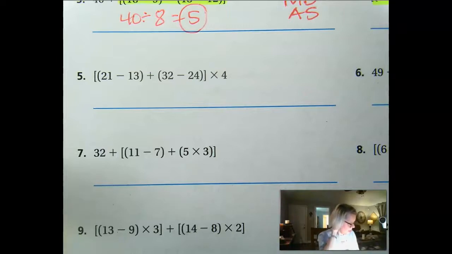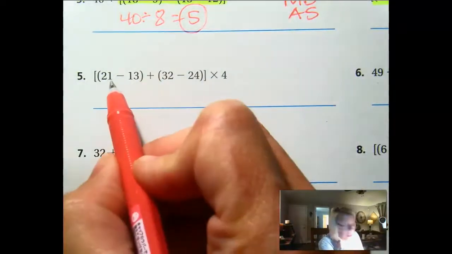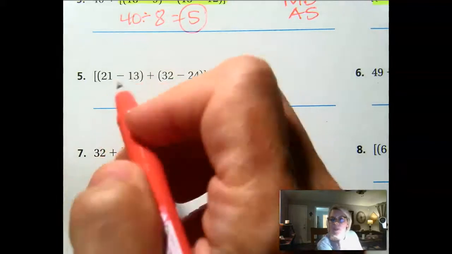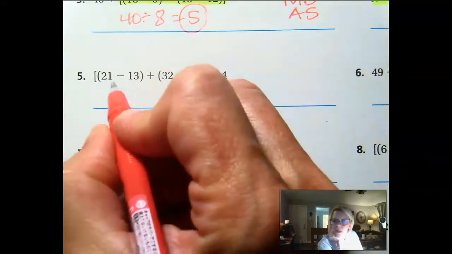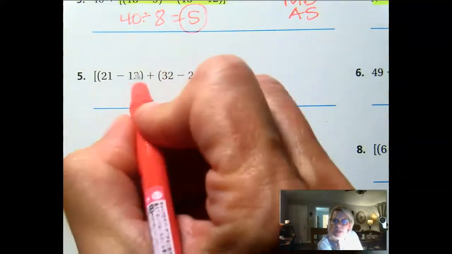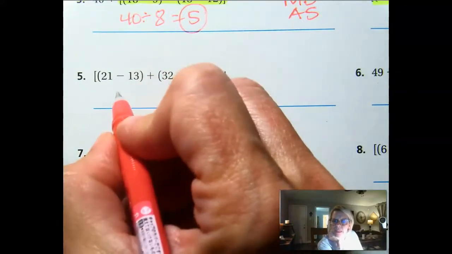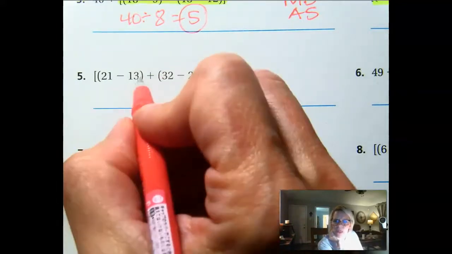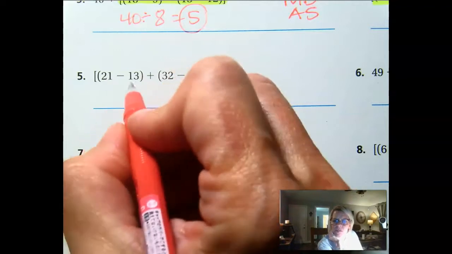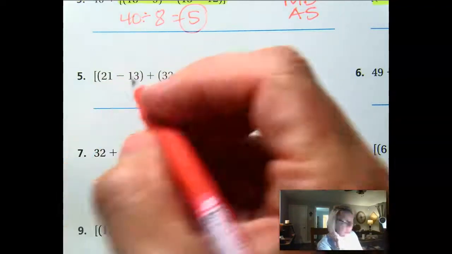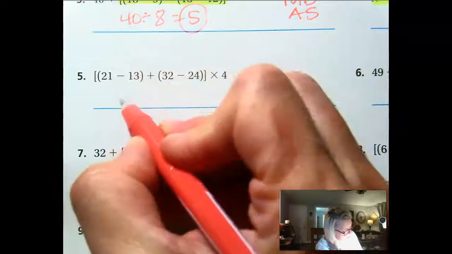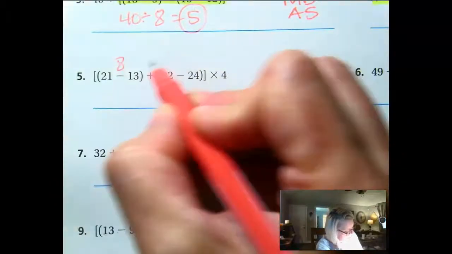So let's go ahead and subtract this. So 21 minus 13. Well, if we look at this one, 11 minus 3 is 8, isn't it? So 21 minus 13 is 8. You can count forward to 13, minus 21. Yeah, you can also just do good.